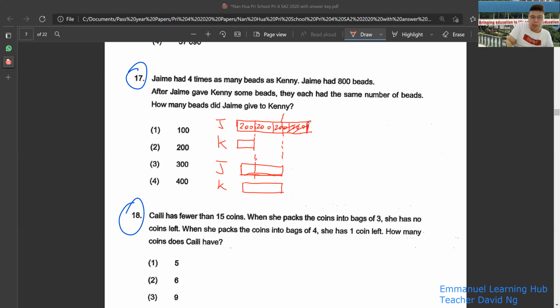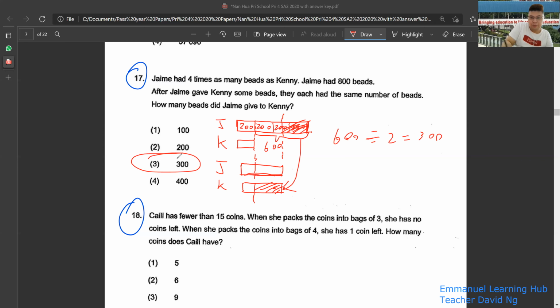So this is the part given away, the part she gave to Kenny, right? Can you see this part here is how many? This part here is 600. 200 times 3 is 600. Then 600 divided by 2 is 300. So she gave away 300.